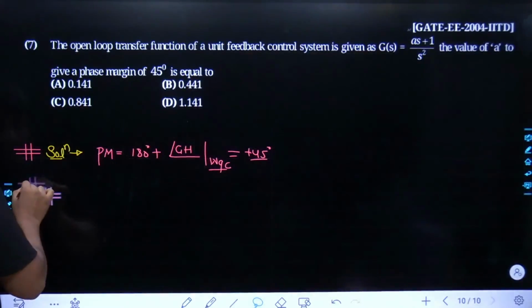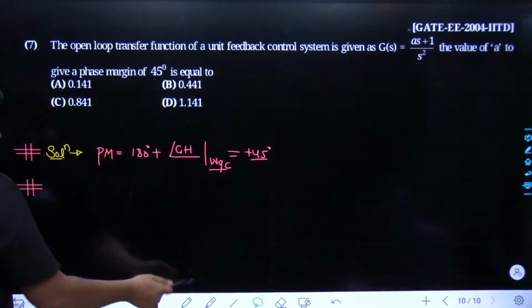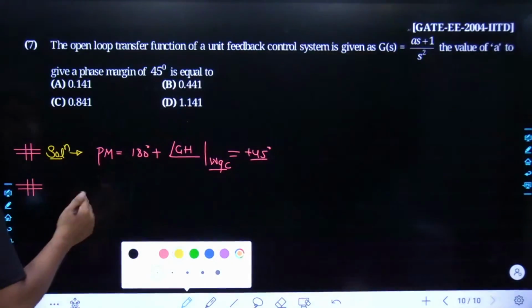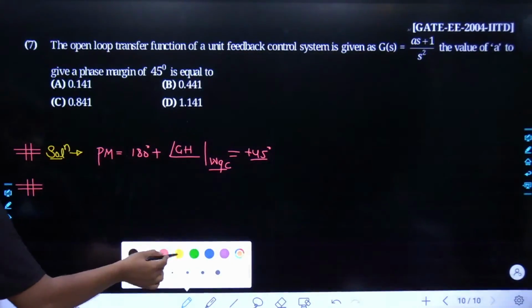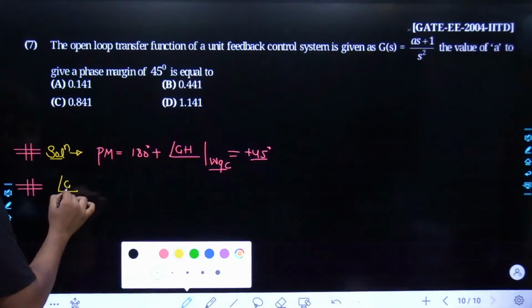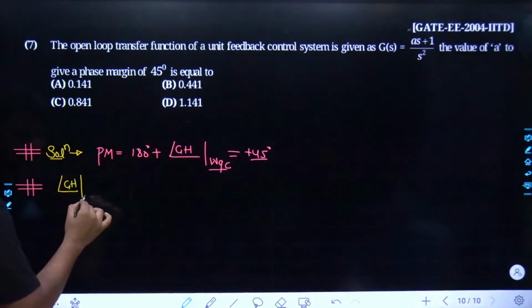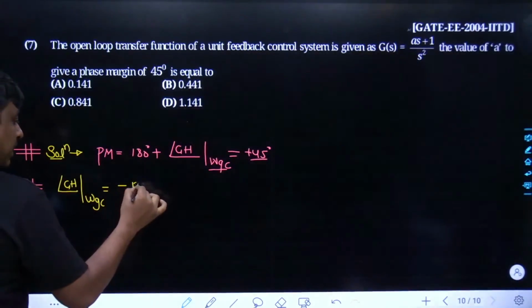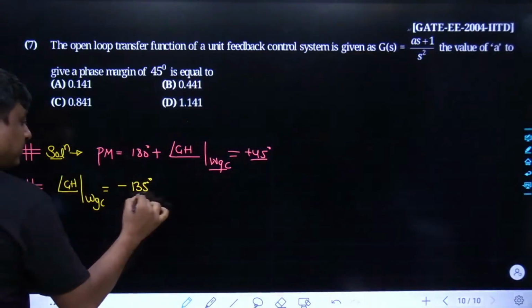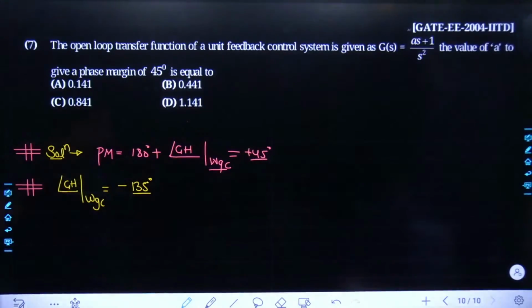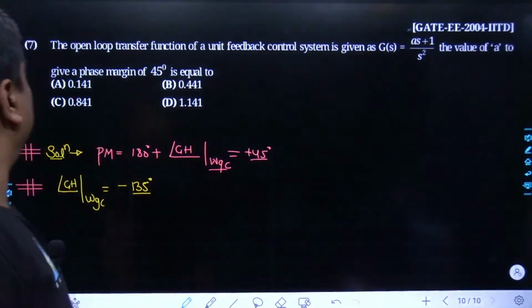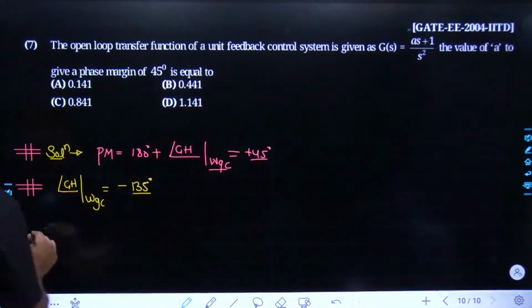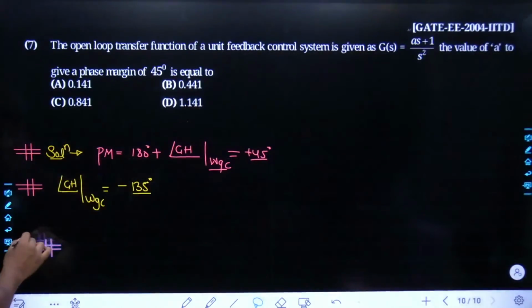That means at omega equals omega gc, or the gain crossover frequency, the angle offered by the system must be precisely minus 135 degrees.